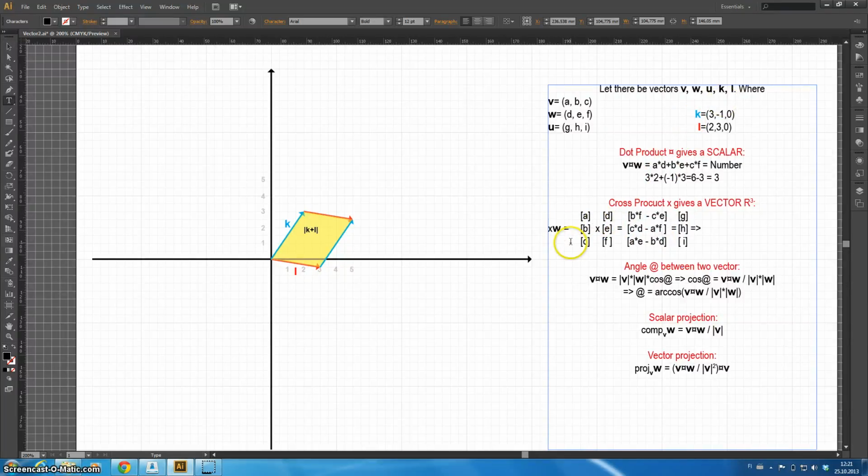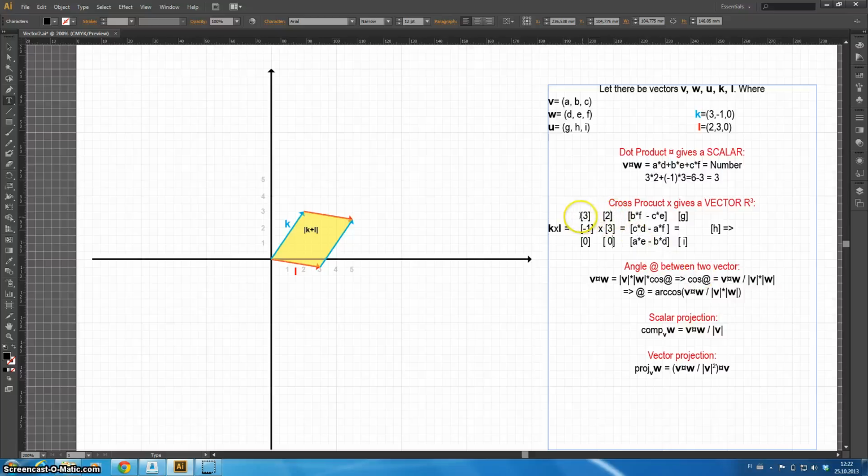If we put here k, let's make it a little k, and then we put L over there, we find that there is a 3, minus 1, and of course there's a 0, and then there is a 2, another one is 3, and then there is a 0. So we put them into this formula.